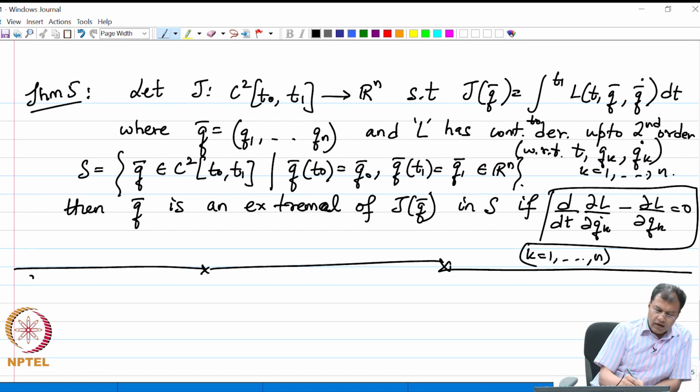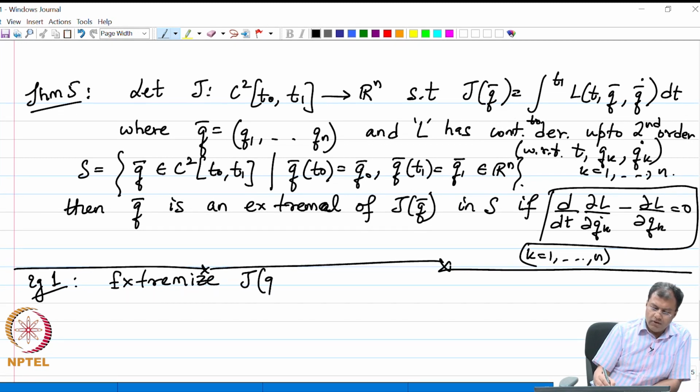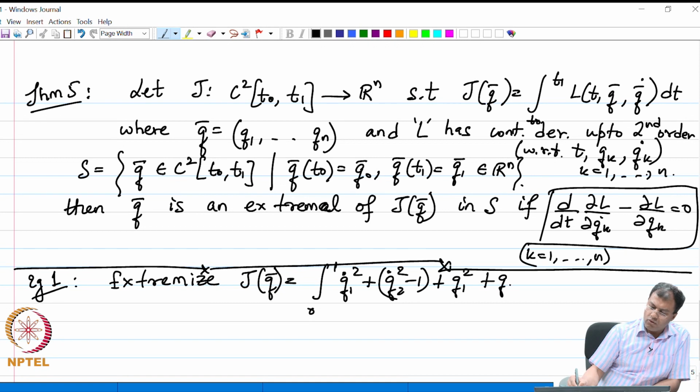So then let us look at some examples. The first example: we need to extremize J of q bar, which is the integral from 0 to 1 of q1 dot square plus q2 dot square minus 1 plus q1 square plus q1 q2, times dt.